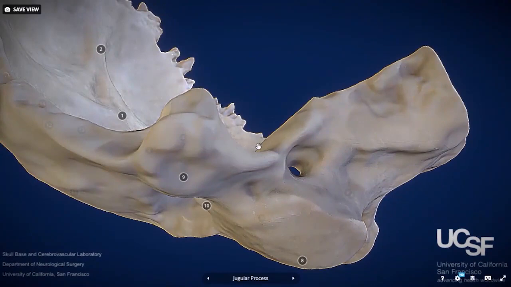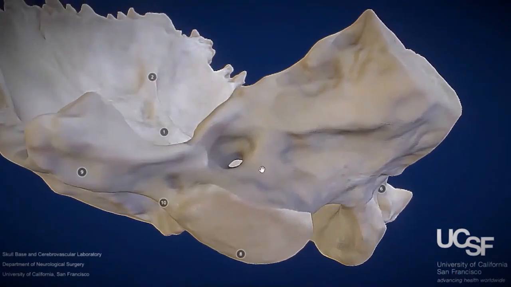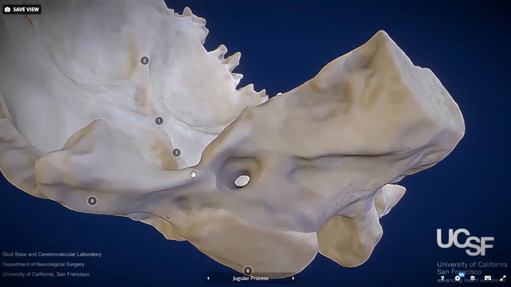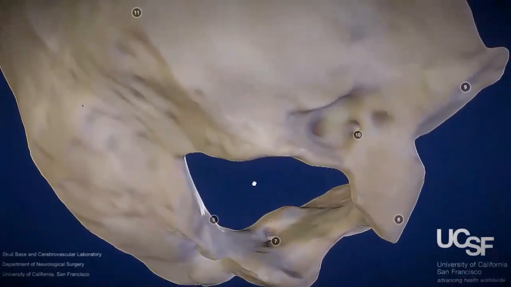Just to remember, the jugular foramen is the place where the internal jugular vein and the inferior complex, named 9th, 10th, and 11th cranial nerves, are going to be traveling through, and the jugular foramen lies posteriorly and is slightly lateral to the hypoglossal canal.